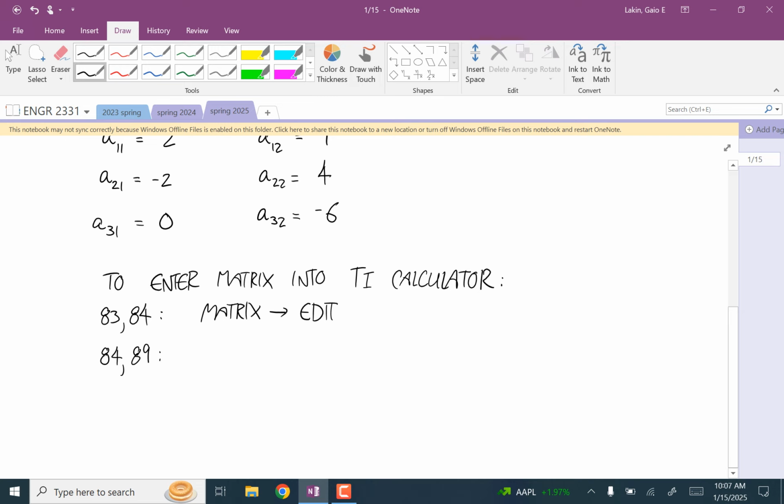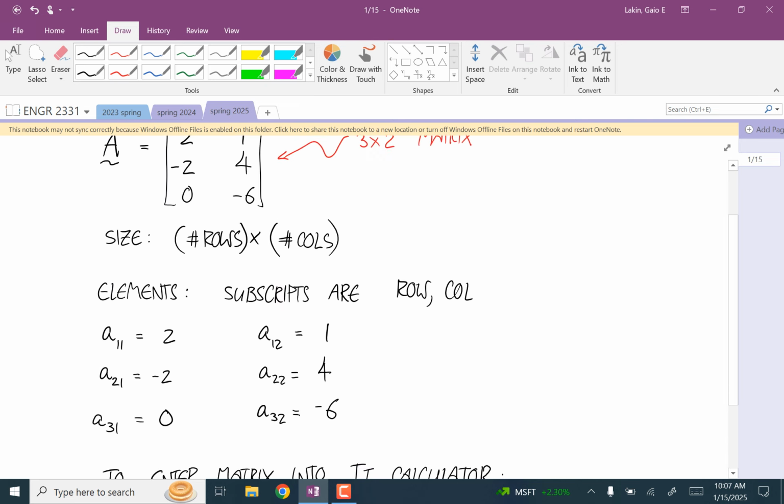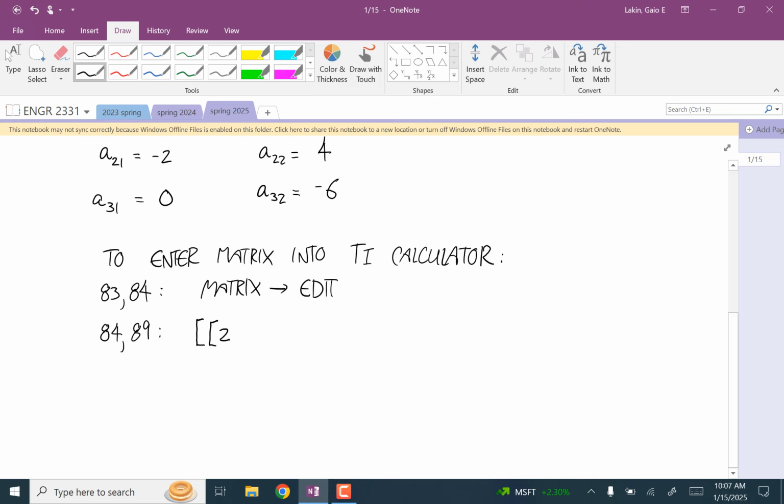you can enter it as an outer square bracket for the whole matrix, and then square brackets marking the beginning and end of every row with a comma separating the things inside the row. I'm going to use the matrix I did above.